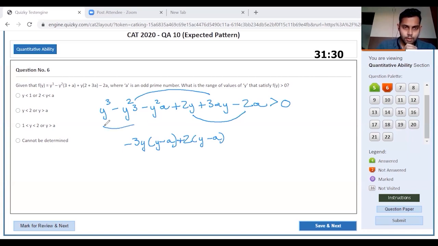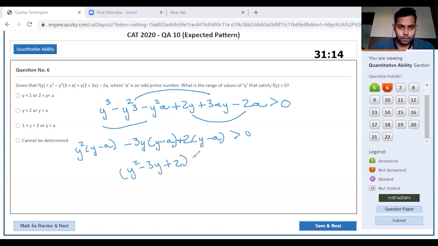And then we are left with this, which is simply y square and y minus a greater than 0. So what do we get in the end? Y square minus 3y plus 2 and y minus a should be greater than 0.